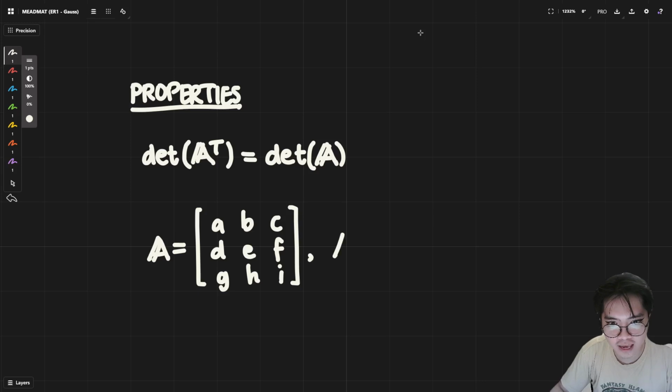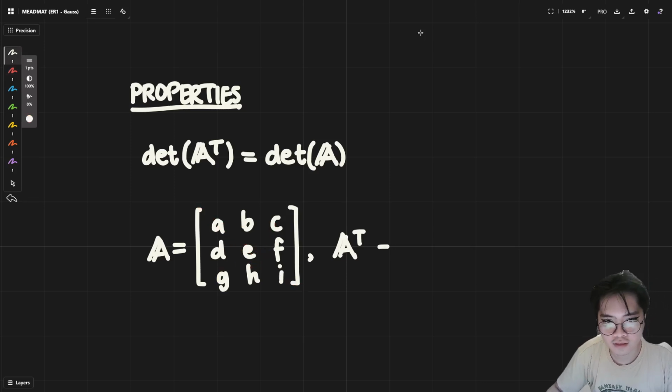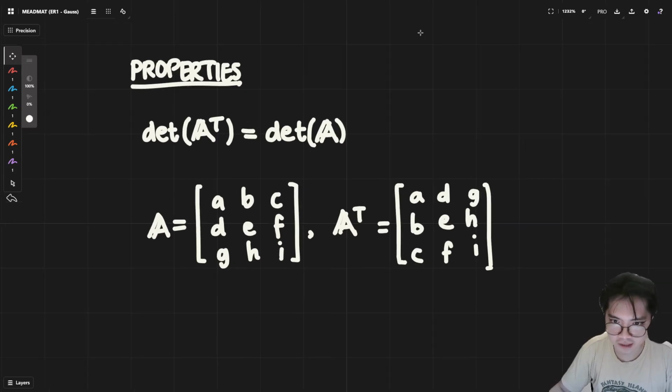If that is your A, then your A transpose will be along this line. You will now just look at switching everything over. We will see that our main diagonal is still untouched, but now A, B, C, D, E, F, G, H, I.